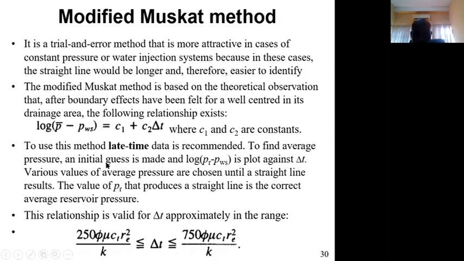Let me mention that the modified Muskat method is recommended to be used on late time data. Late time data are data for which you have pseudo-steady state well developed, not at the onset of pseudo-steady state, but when pseudo-steady state is well developed. And it's been found to be valid within this range.